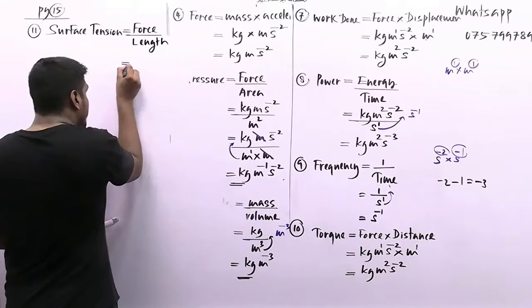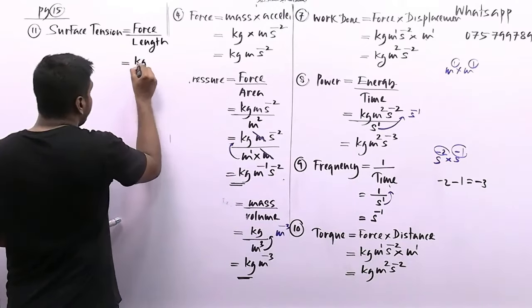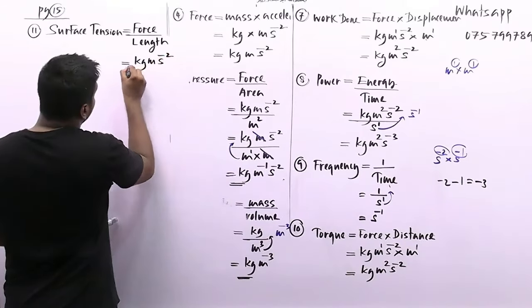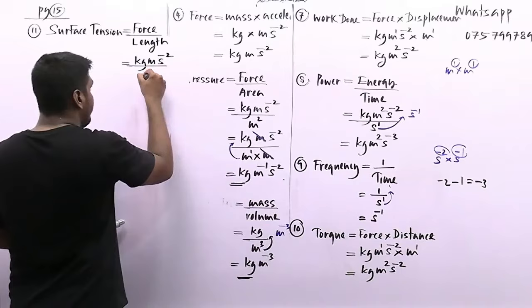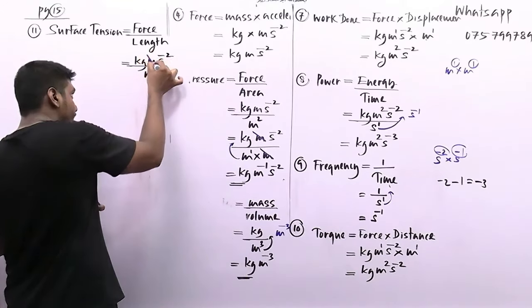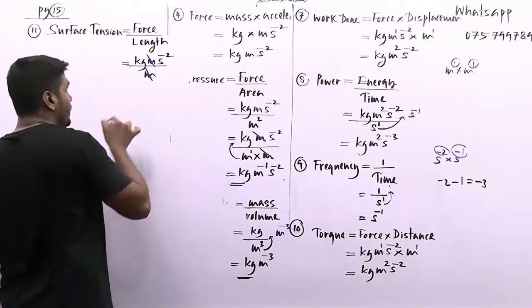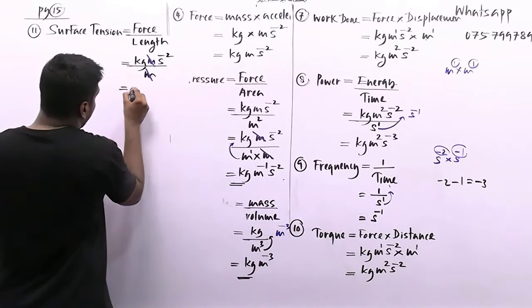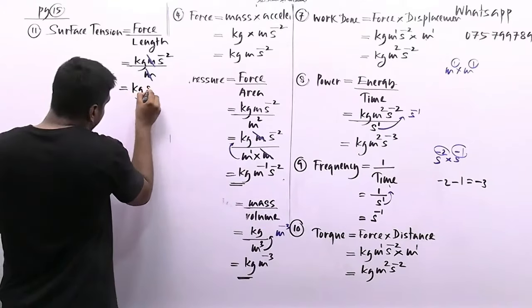SI units of force equals kg m s to the power minus 2, over length, which is in meters. Then we can cancel out the symbol m and symbol m. Then we are getting the SI units of surface tension equals kg s to the power minus 2.